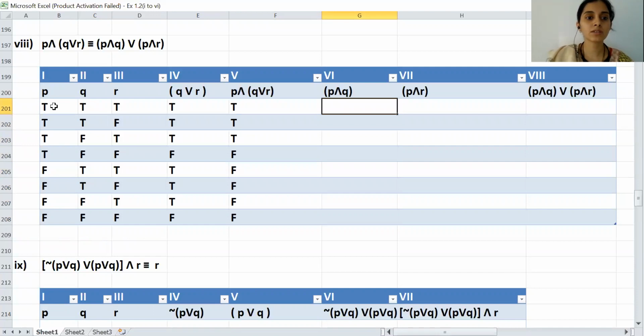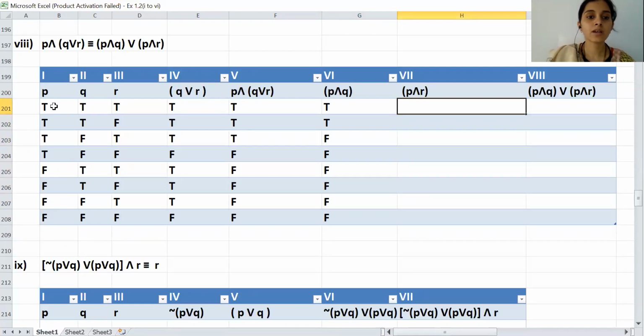Okay, the next one, sixth column will be the right hand side first bracket, that is P and Q. P and Q, that is first and second. So true and true, true. T and T, T, T and F, F, T and F, F, F and T, F, F and T, F, F and F, F, F and F, F. Okay.